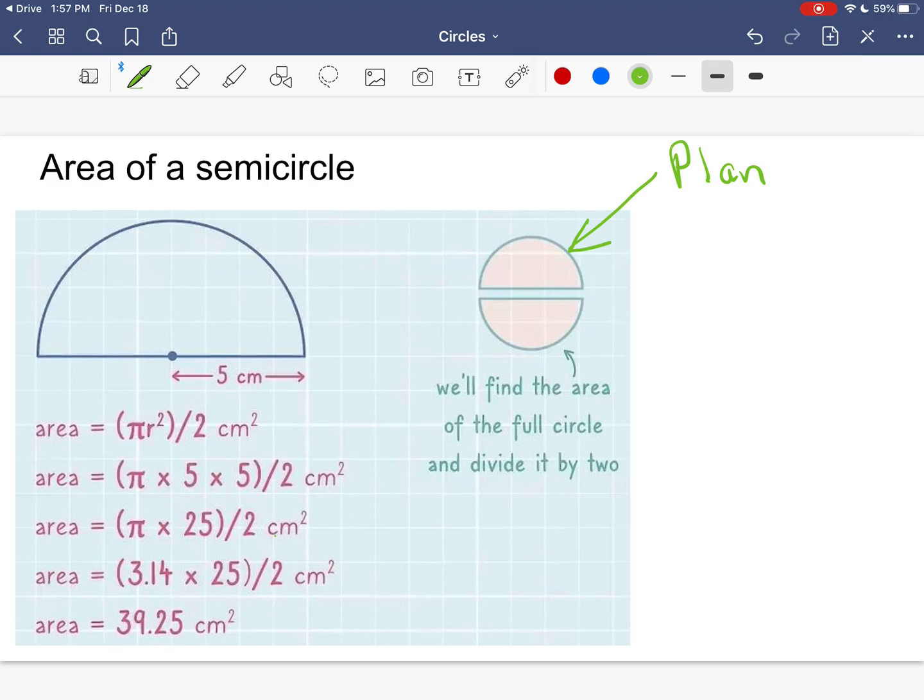And the first thing to do is to actually write out the formula you plan on using. Area equals pi r squared, and in this case divided by 2, so as to get the area of a semicircle.